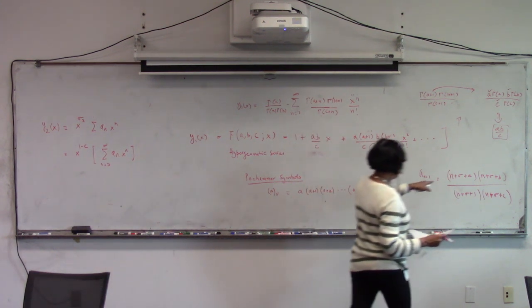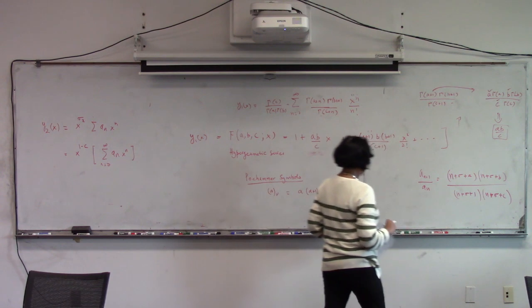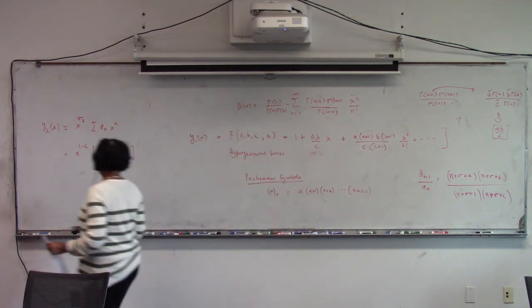And I can substitute sigma equal to 1 minus c to get the a1 over a0 and all that stuff.